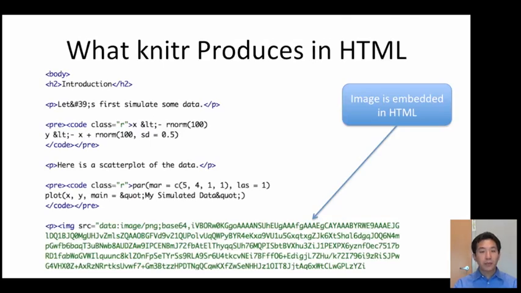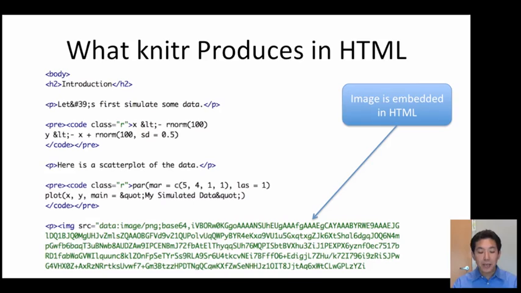And so what knitr produces is a little bit interesting. It creates an HTML file through the processing. So if you're familiar with HTML, you can see this is basic HTML. I cut off a lot of stuff on the top, so I just put the body in. And down here at the bottom you'll see there's an image tag, but rather than point to an actual file that's the image, it actually embeds the entire image into the HTML file itself.